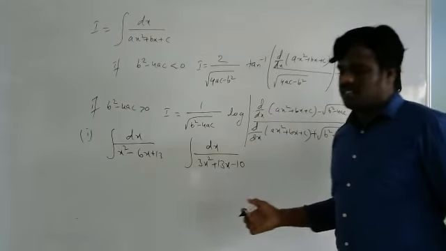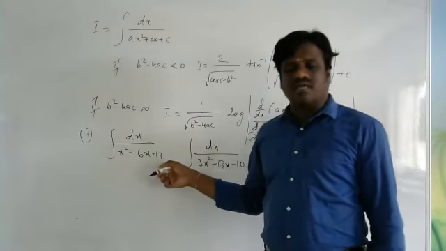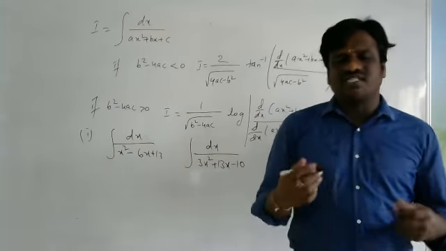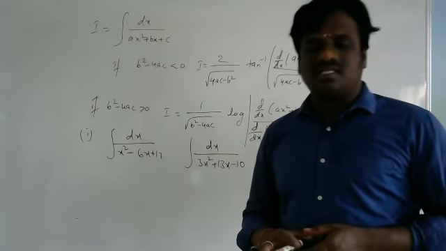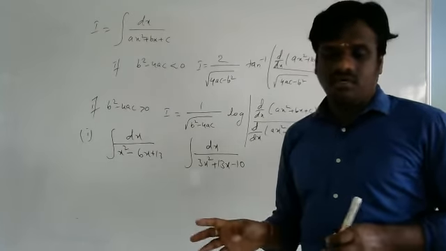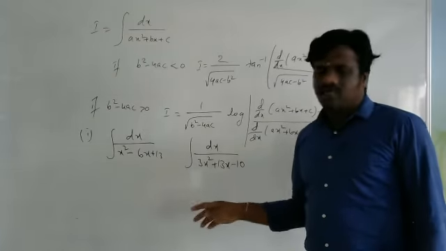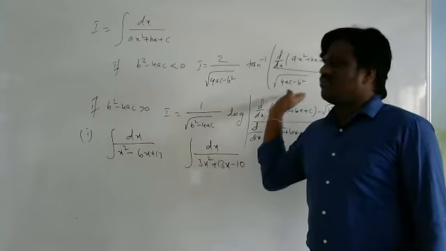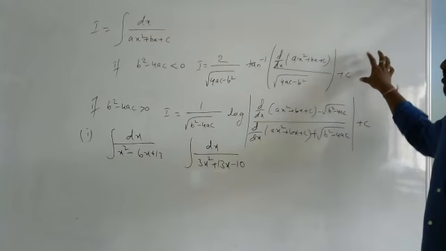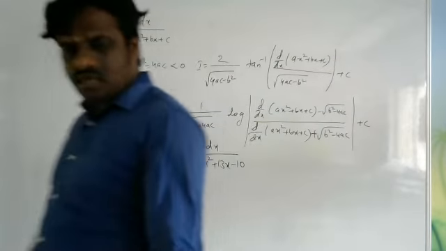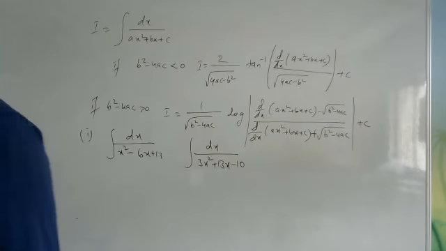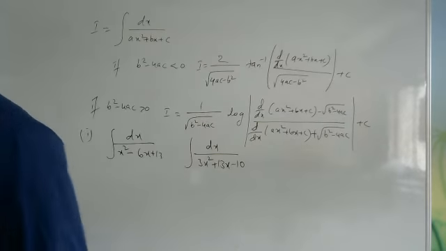Actually, to find these integrals, we use the perfect square method, then the formula for integration of 1 upon x square minus a square, or 1 upon a square minus x square. But here, shortcutly, we can find the solution like this. Please note down, I will explain. These are shortcuts.